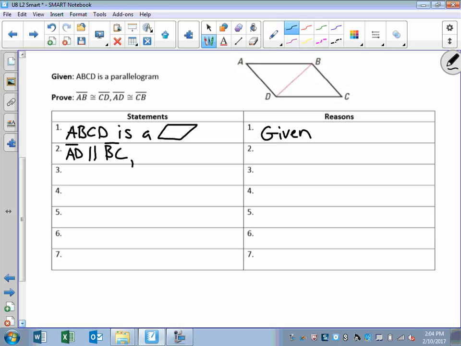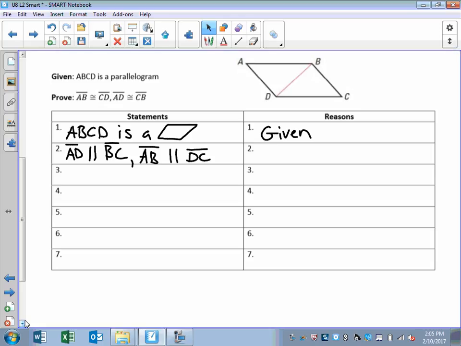and AB is parallel to DC. Now, how do we know that? Well, we got a vocab word, so that means to the bottom right, that's the reason.